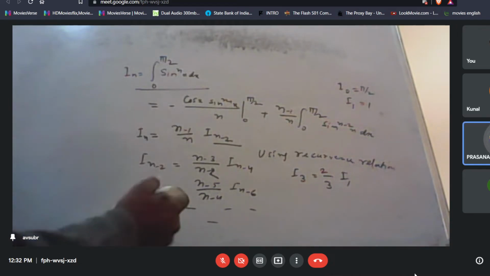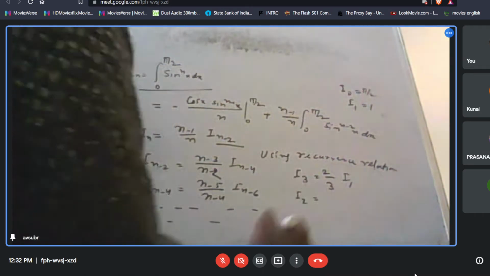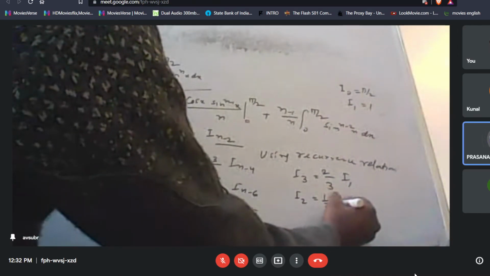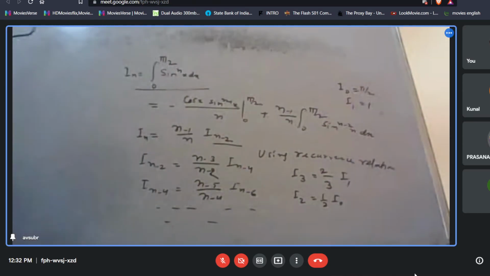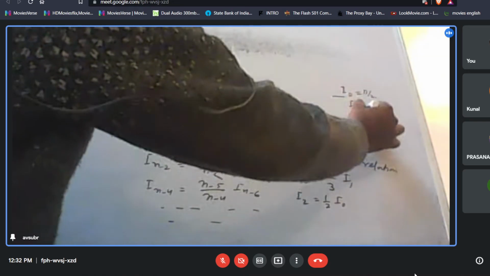And if I put I2, it will be 1 by 2 I0. So now I have the recurrence relation because I know I0 and I know I1.